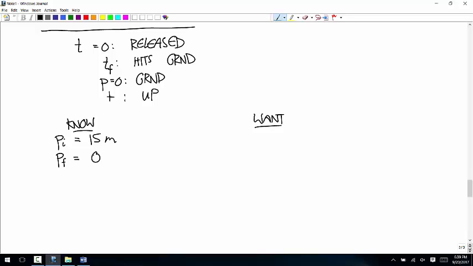We know that the speed is 5 meters per second, but we have to combine that with the direction it's moving when it's released. It's moving down, which is our negative direction, so initial velocity is negative 5 meters per second. The final is what we're trying to find. And it's free fall, so we know the acceleration is negative 9.81 meters per second squared.